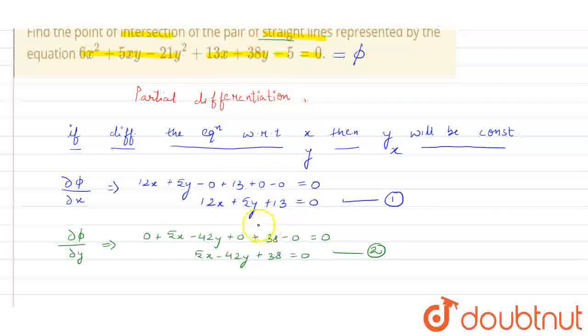But we are taking these equations from the equation which is given, so we can easily find the point of intersection. Now here we have two equations and two variables x and y, so we can easily find them by using either the elimination method or the substitution method.